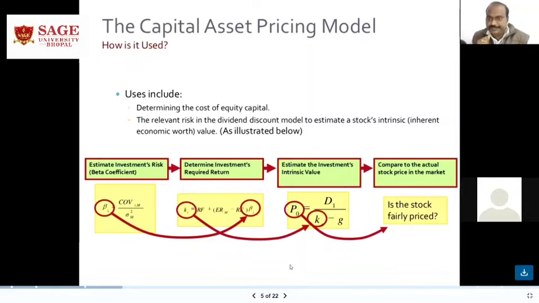Just say yes or no. Okay, so again we have to estimate intrinsic values, and then compare them to the actual stock price in the market. In this way, we will be pricing the stock, to see whether it is relevant to include that particular stock in the portfolio or not.